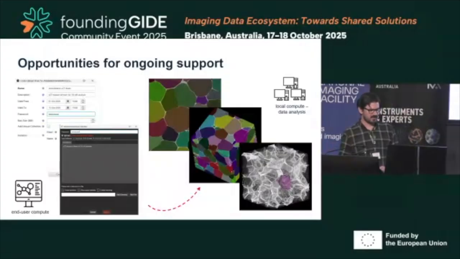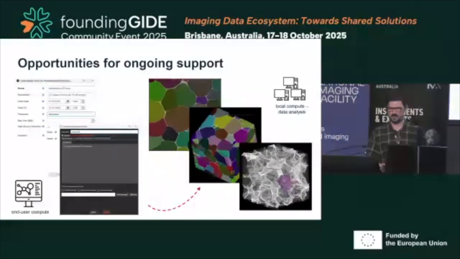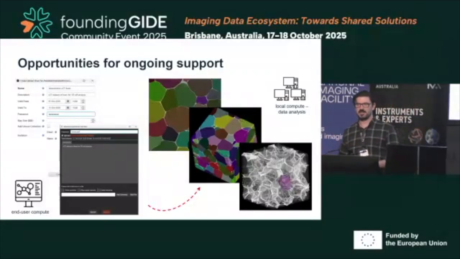The surprising benefit to us was how it enabled us to provide opportunities for ongoing support. So I'm a data specialist at Adelaide Microscopy. One part of it is supporting users with their data management, say file organization. A bulk of my job now feels like it's moved towards assisting with bioimage analysis.